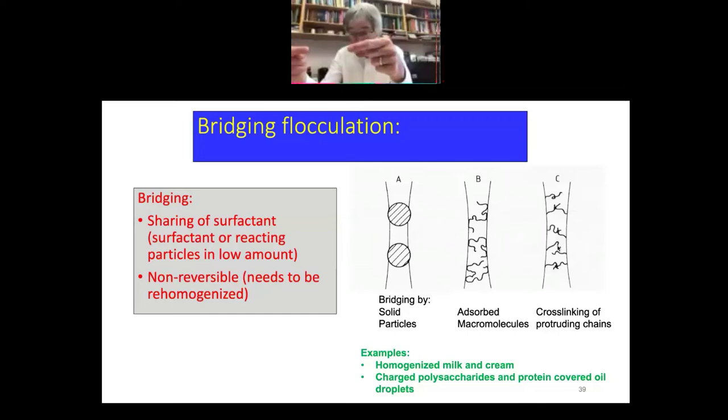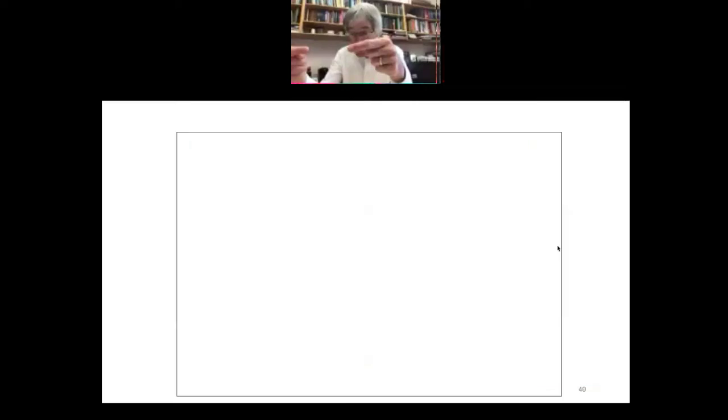So calcium, for example, might cross-link two negatively charged proteins to cause a flocculation within an emulsion. So homogenized milk and cream would be examples, or charged polysaccharides or charged proteins. Those would be examples of bridging, where it is the polymer that's acting to hold the droplets together. Now, in this case, the two droplets aren't physically touching each other. They are cemented together by that interfacial layer.